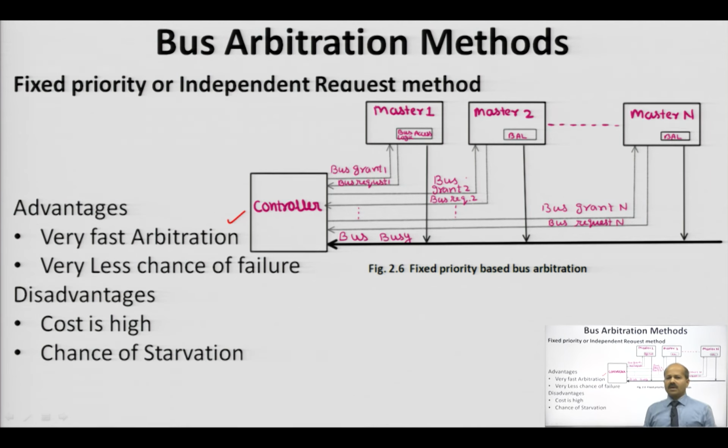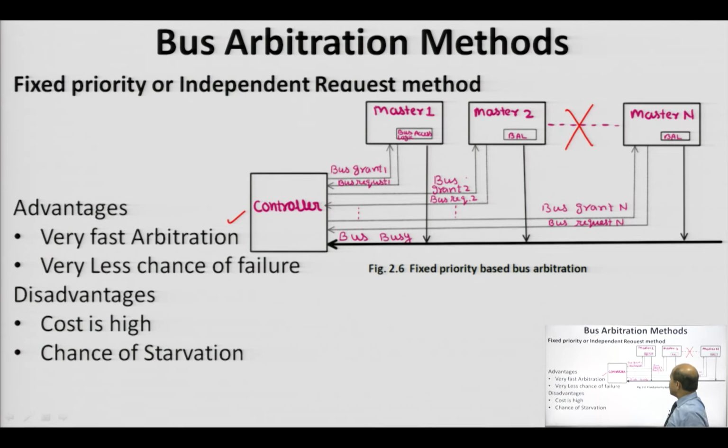And there is very little chance of failure, as in the previous case. Failing of any master will not affect the whole system, because every master is connected to the controller with its own pair of bus grant and bus request lines. If a particular master fails, there is no effect on the whole system.